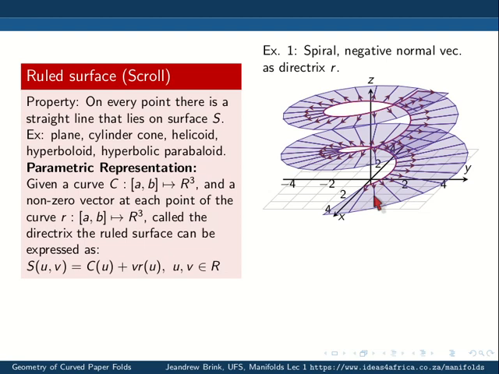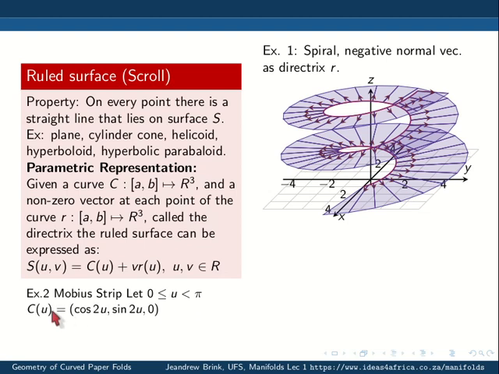Another example of a ruled surface that's actually slightly easier is the Mobius strip. I don't know if you've played with a Mobius strip. If you actually want, it's an example of a ruled surface. And to describe it, you're going to have two parameters, where u is going to live between 0 and pi.